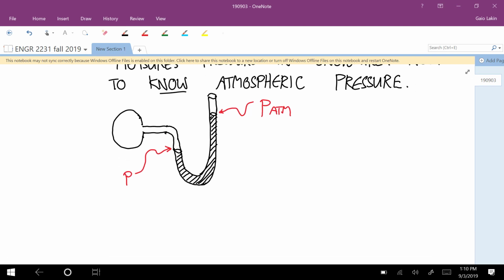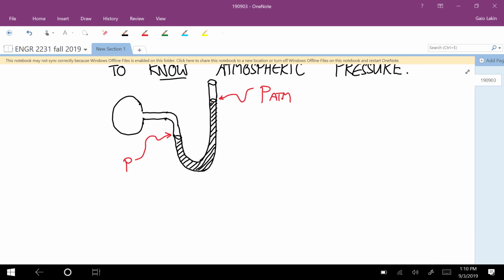And if all this stuff is at rest, and that liquid is continuous, we can use the pressure relationship that says P minus atmospheric pressure is equal to rho g h.